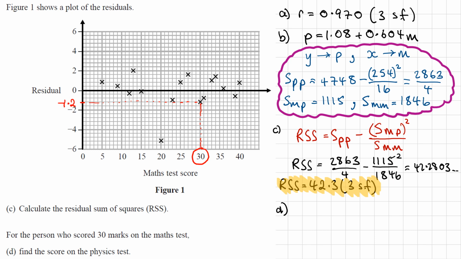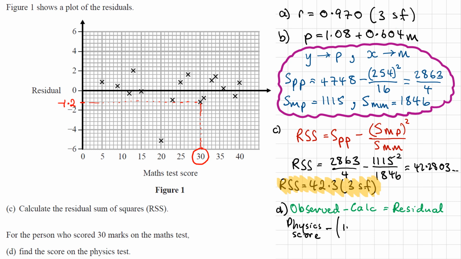So the calculation for the residual is the observed score, that's the actual value, minus our calculated value from the equation of the least squares regression line, and that's equal to the residual. So the observed score, that's what I want to work out. That's going to be the physics score. I'm going to subtract from that the calculated score. In other words, I need to put 30 into this.